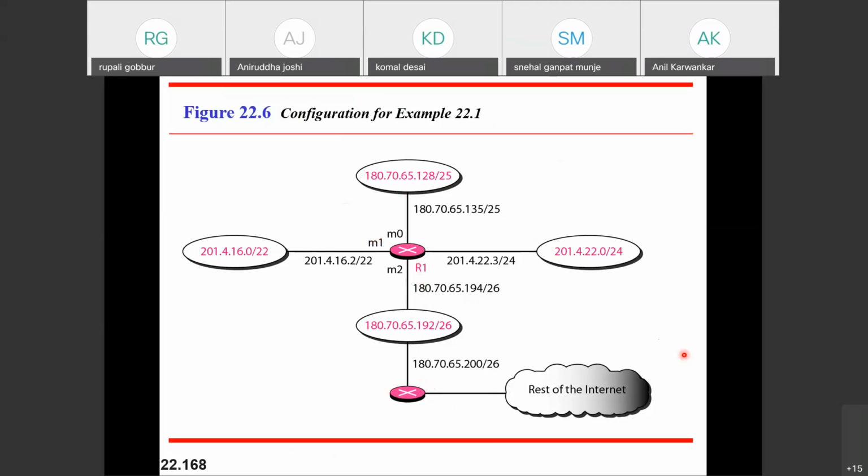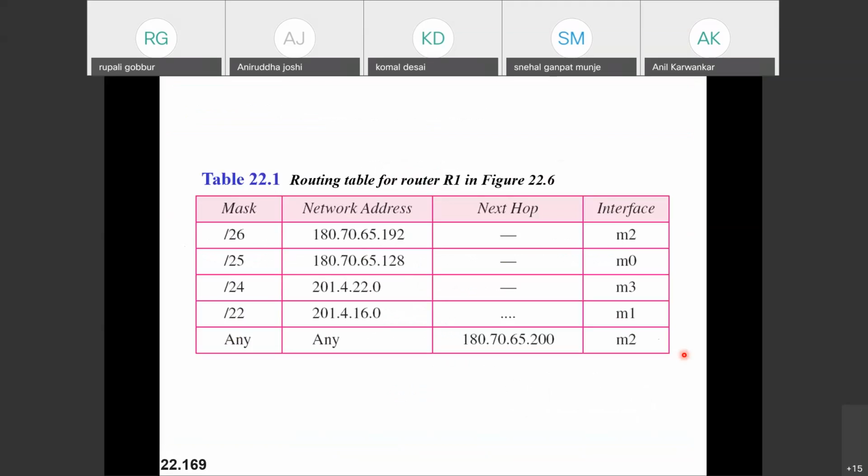This particular external network will actually define the forwarding process, the entire forwarding process. This will be the routing table for router R1.